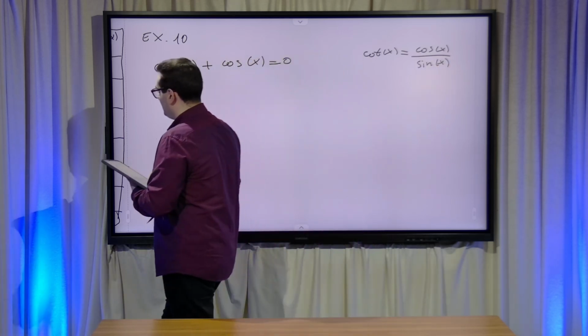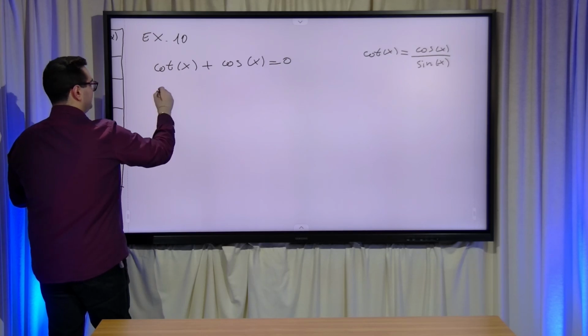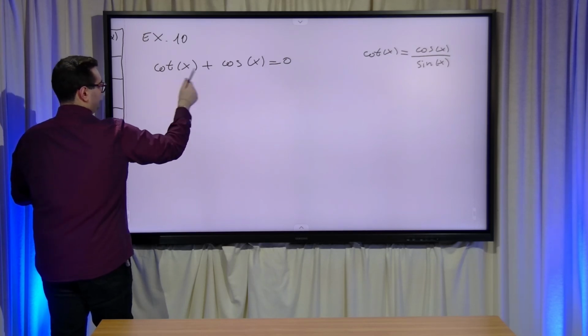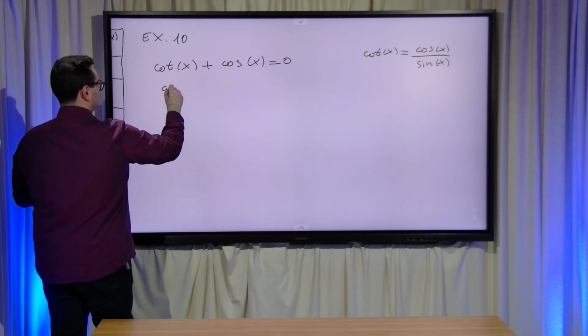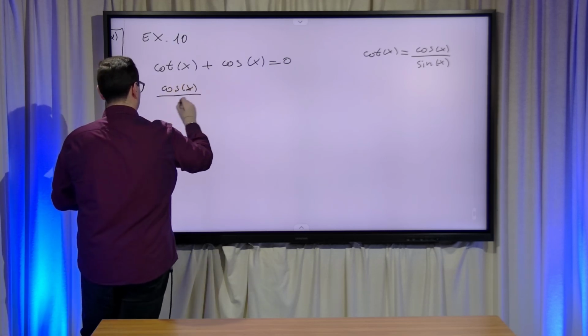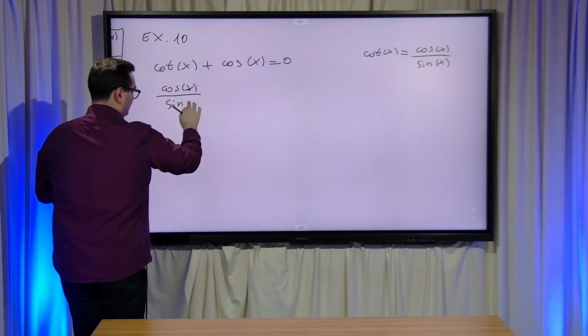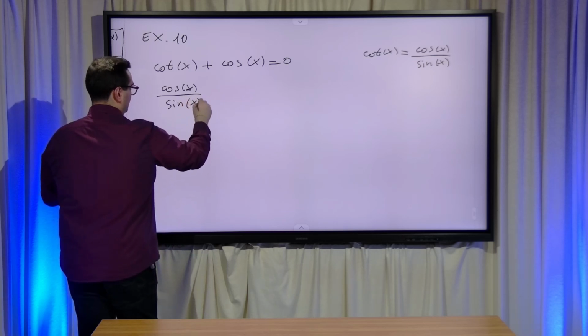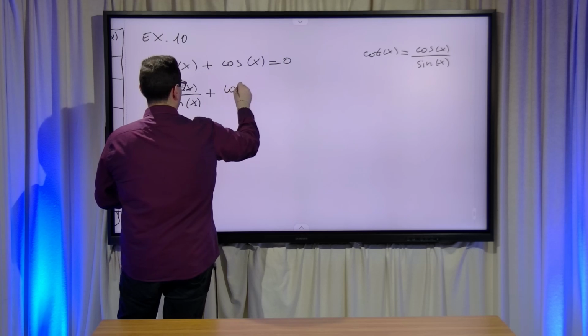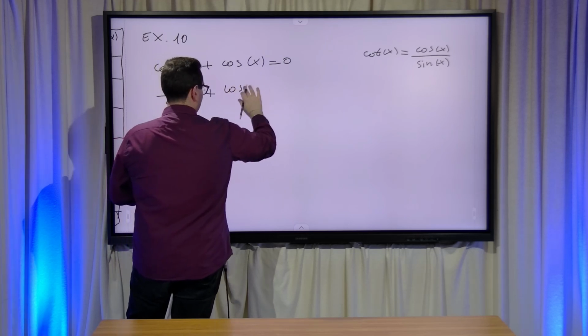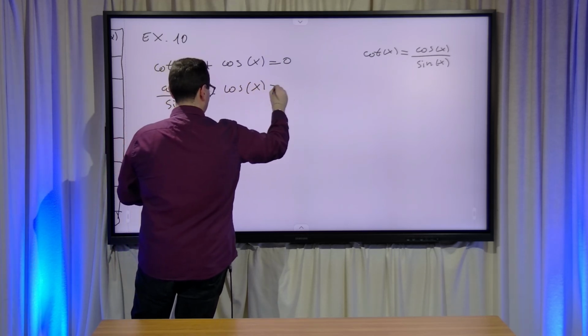So I can write the cotangent like that: cosine of x over sine of x plus cosine of x equals 0.